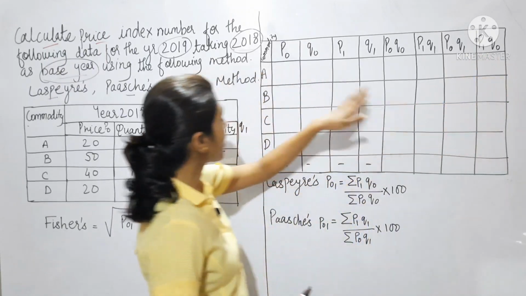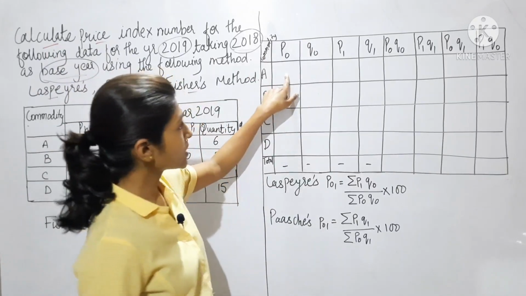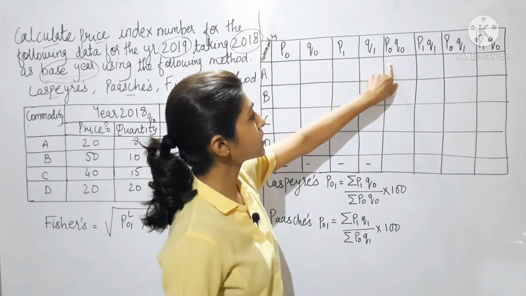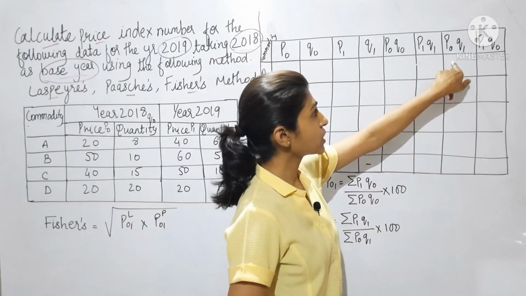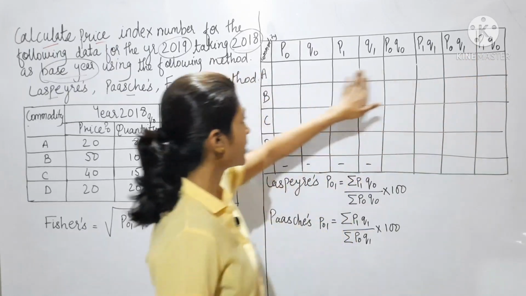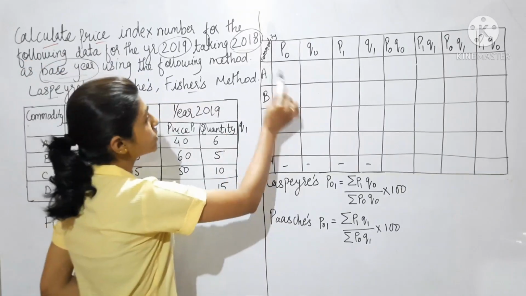In total you have to prepare nine columns: one for commodities, then P0, Q0, P1, Q1, P0 Q0, P1 Q1, P0 Q1 and P1 Q0. So prepare the table in this format. Now write all the values.